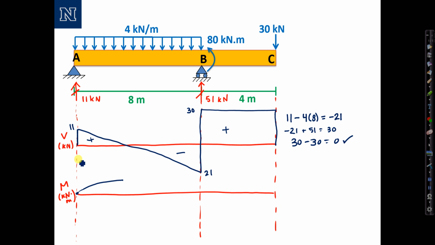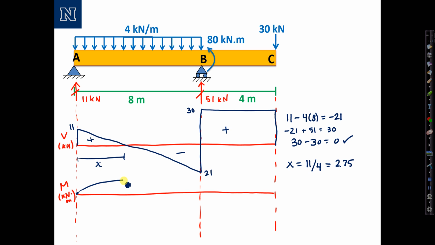Okay, we need to find exactly where that occurs. I'll label that x. We can calculate x. This is the quick and easy way to do it. It's the value of the shear, 11, divided by the slope, which is 4. So that gives us 2.75.